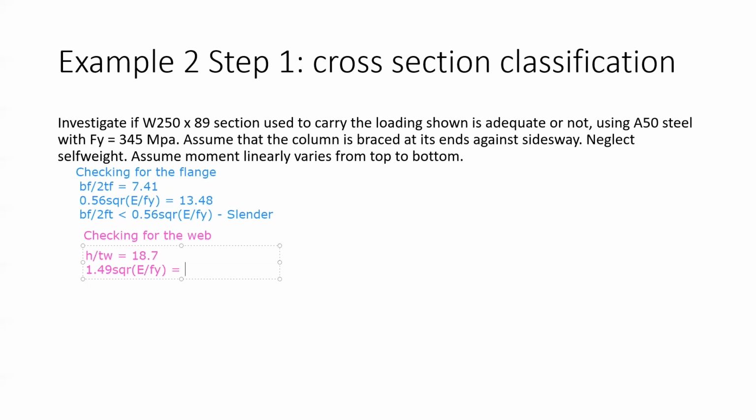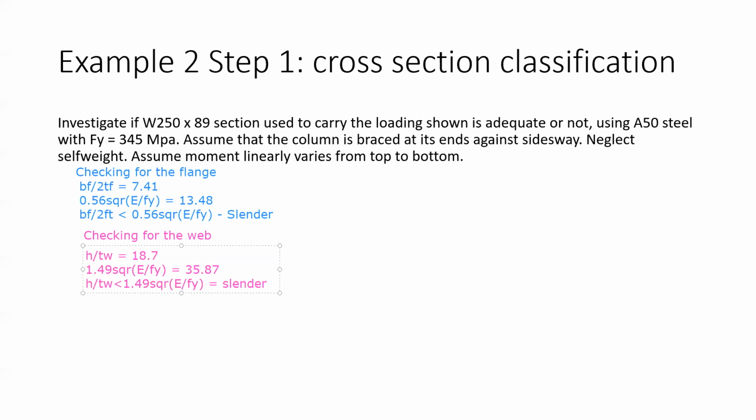And this one we could solve. So this is 35.87. Okay, so again, H over TW is less than 1.49 the square root of E over Fy. Ayan. So this is also slender.